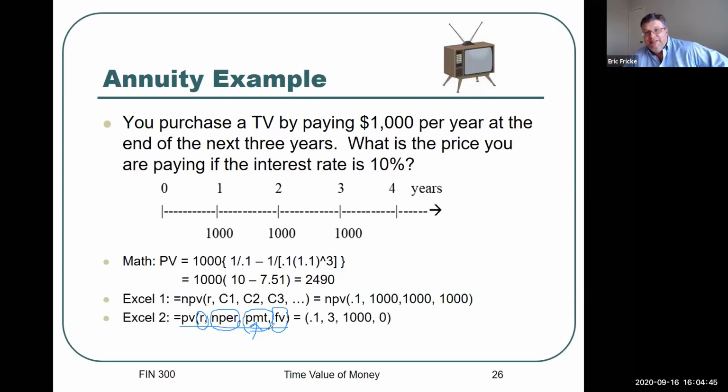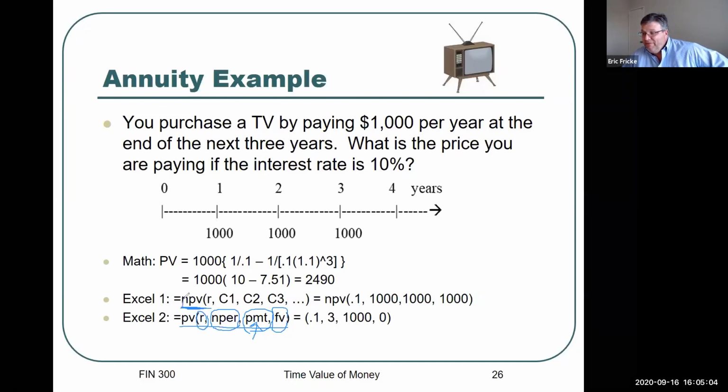And so we can use this PV formula to solve annuities. It has an advantage over using the NPV formula we did in Excel number 1 here, because imagine if we had an annuity that lasted for 40 years or 30 years.